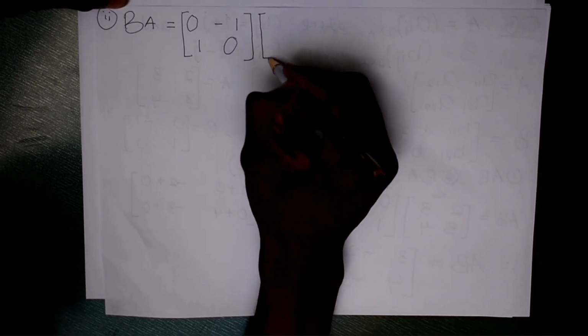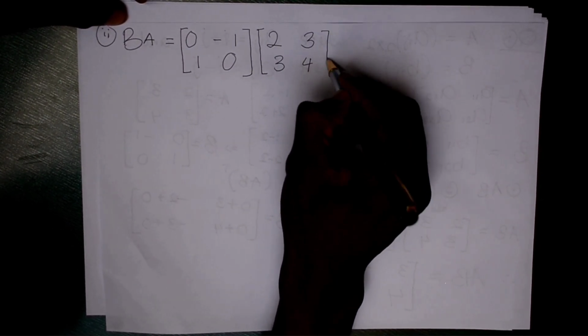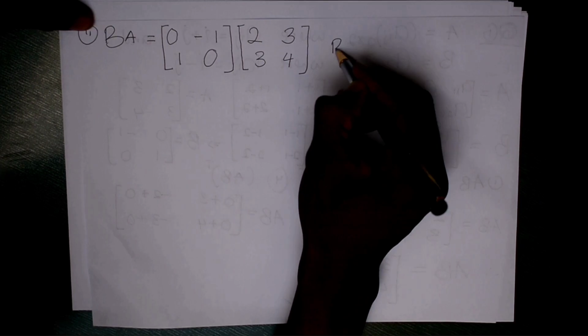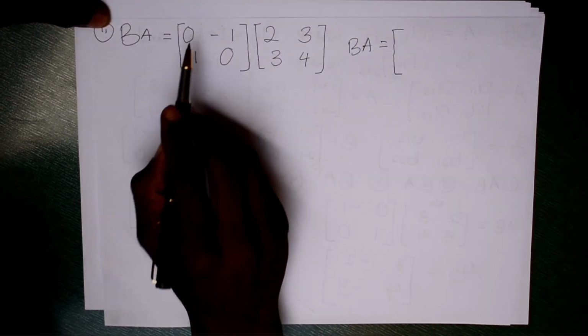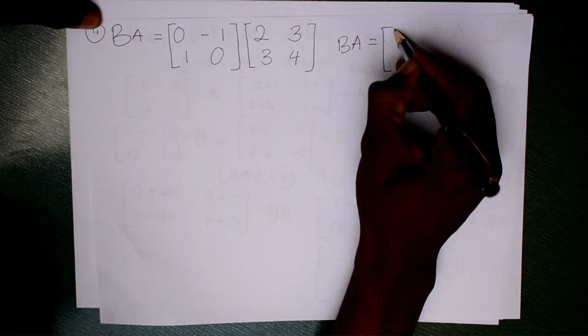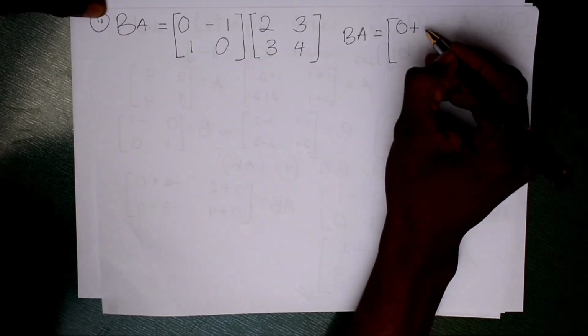So now we are going to multiply these two matrices to give BA. Then 0 times 2, 0, plus minus 1 times 3, minus 3.